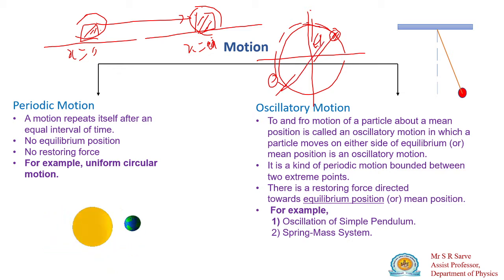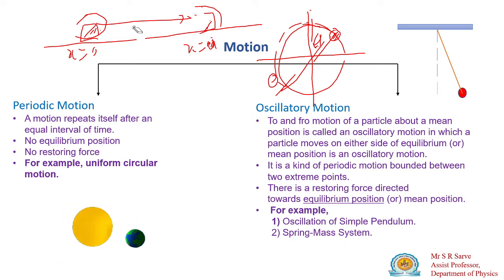So if a particle is moving in a straight line, then it is performing a linear motion, while if the particle is moving in an angular direction, it is performing an angular motion. So this is your angular motion and this one is your linear motion. So what is motion? Motion means change in position of a particle with respect to time.